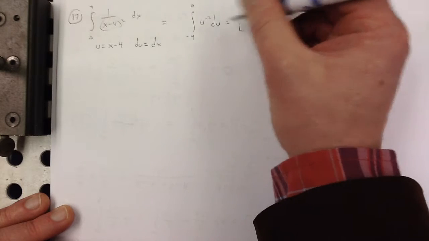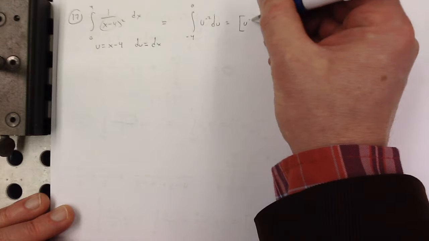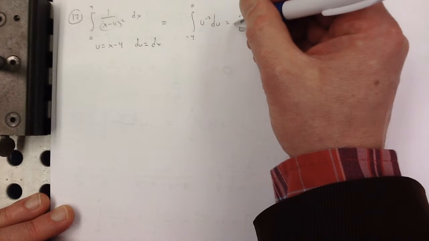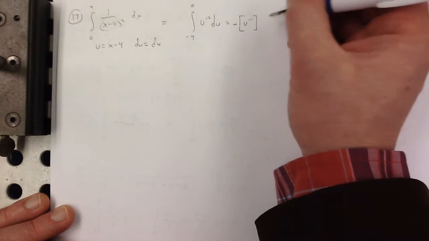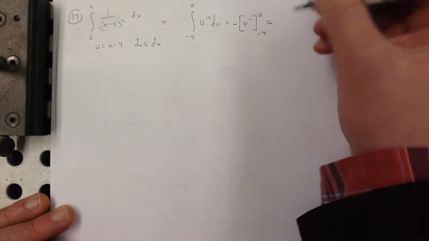The antiderivative of that is negative. We bump the exponent up 1, and then divide by the new exponent. I'm going to put that on the outside. I think it's easier that way. That's my preference. You don't have to.